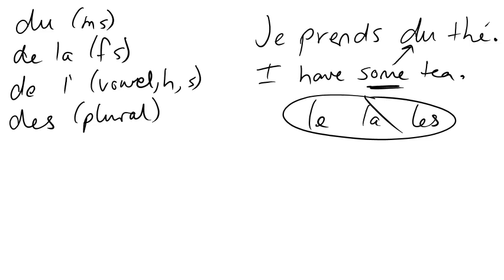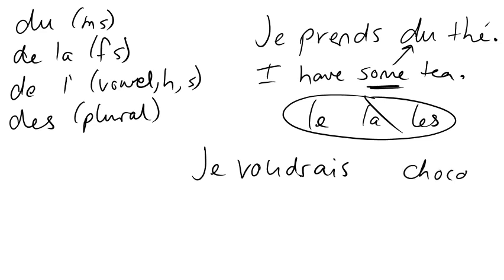The same goes for something else that I know, tout le monde, everybody likes, chocolat, chocolate. So if I were to say, I want some chocolate, this is a common phrase, I say, je voudrais, and I were to put chocolat, I need to make sure that I put du.